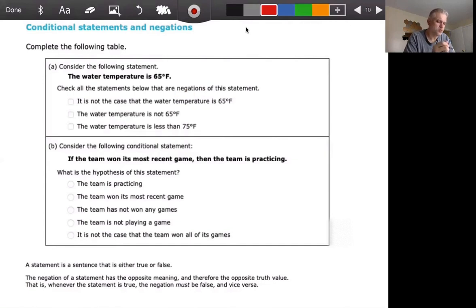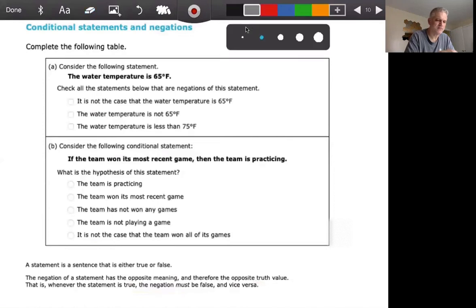A negation has the opposite meaning and therefore the opposite truth value. So if your negated statement is true, then the thing it negated must be false. Go back and replay that a couple of times. I'm sure it sounded a little wordy, but let's see if we can do an example.